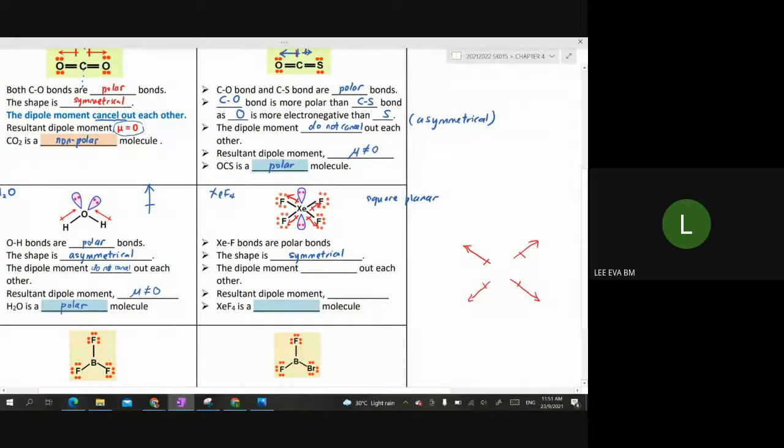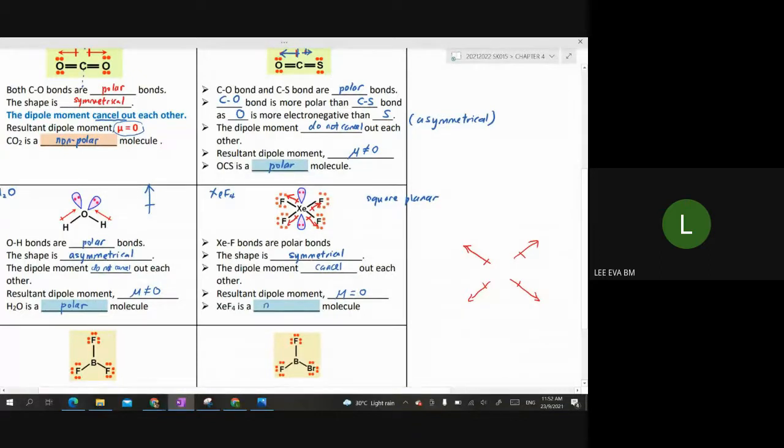So this one you fill in the blank. The dipole moments cancel out each other, and the resultant is equal to 0 because everything is cancelled out. Mu is equal to 0 because they cancel out.